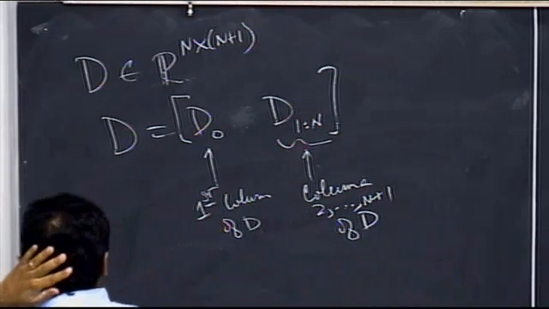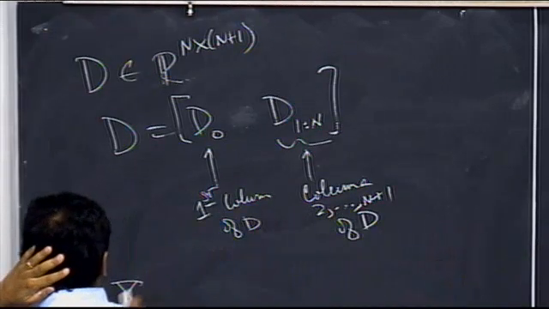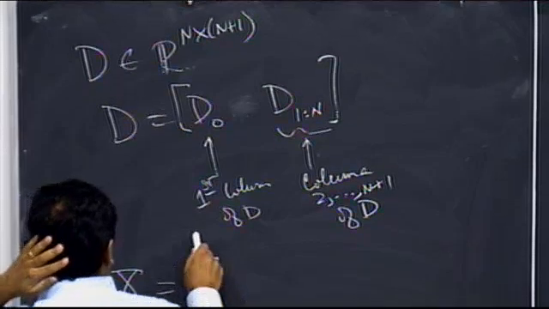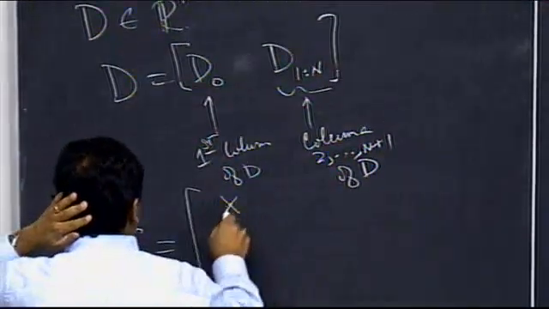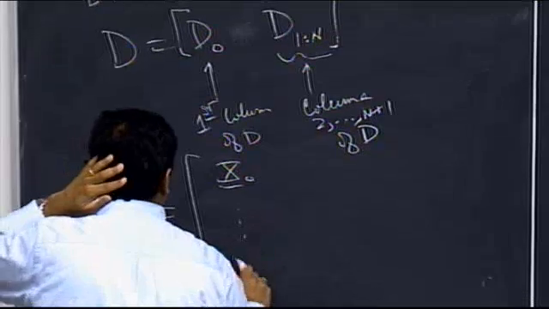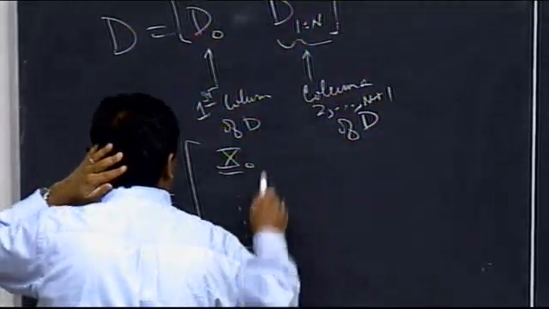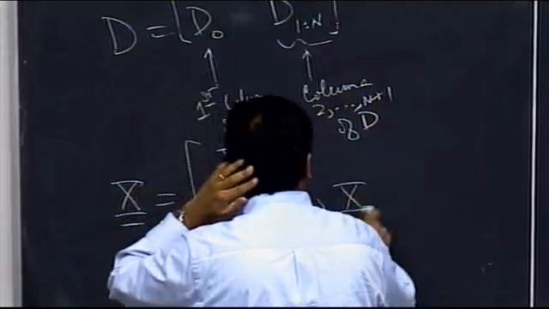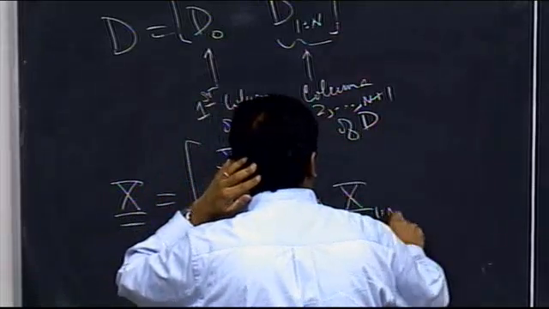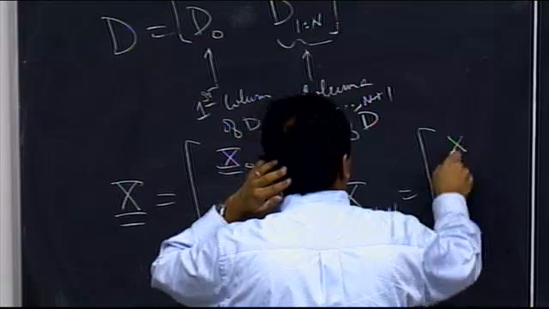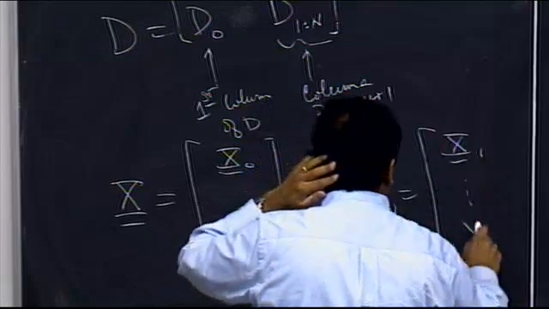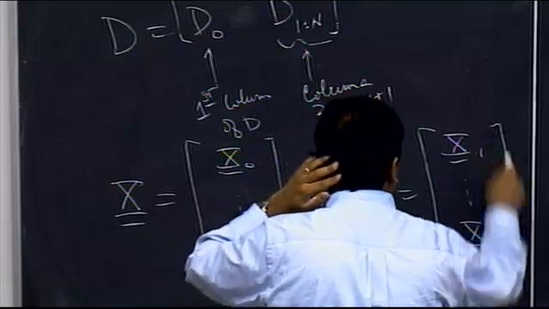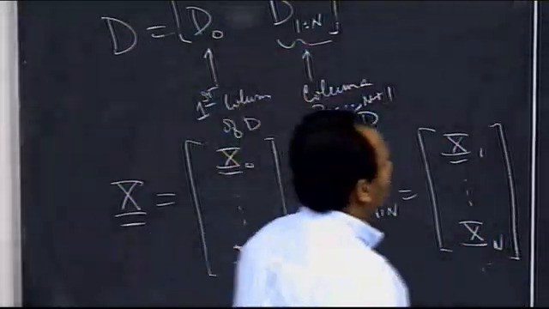So if I write this using that notation, and again, I do the same thing that I did before, where I say I'm going to let x equal x0 up to xn. Remember, these are all row vectors now. And as a result, x of 1 through n is just equal to x1 up to xn. Write it like that.